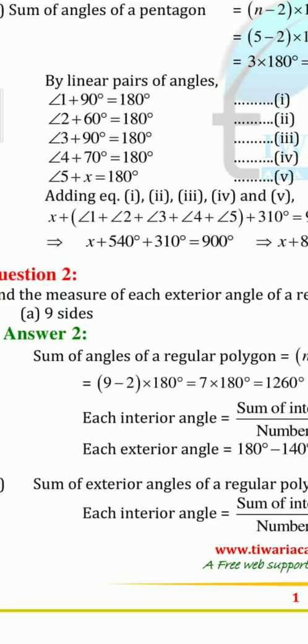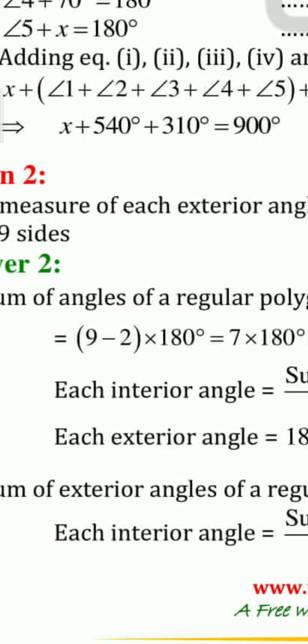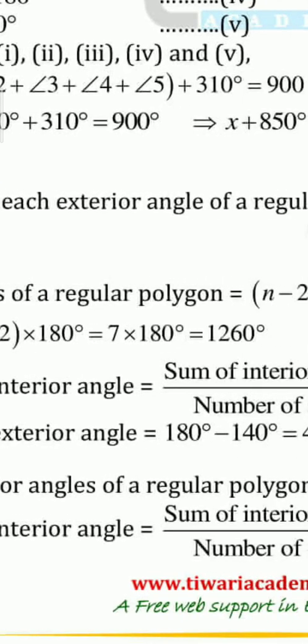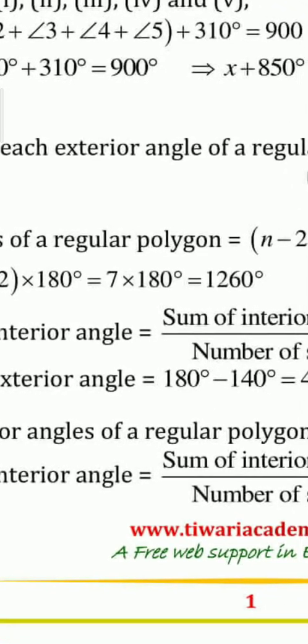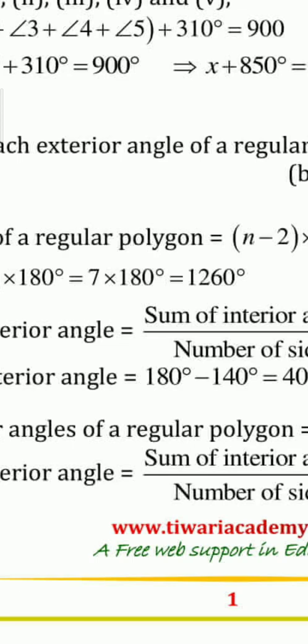How? Number of sides minus 2 multiplied by 180, correct? So that is 7 multiplied by 180. So the sum for this polygon with 9 sides is 1260, correct?